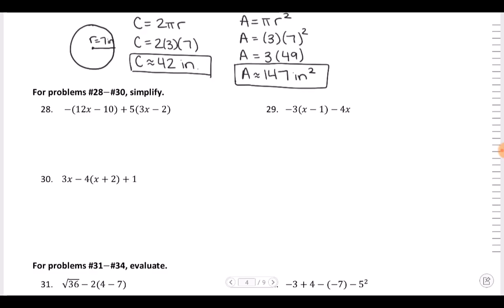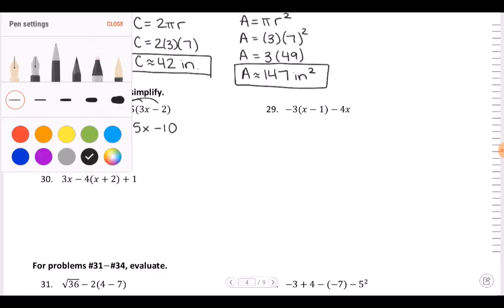There we go. All right, number 28 says, for problems 28 through 30, simplify. So I do have a negative to distribute here. So I'll start with that, negative 12x plus 10, and then over here I'm going to distribute that 5, so I get 15x and then minus 10.